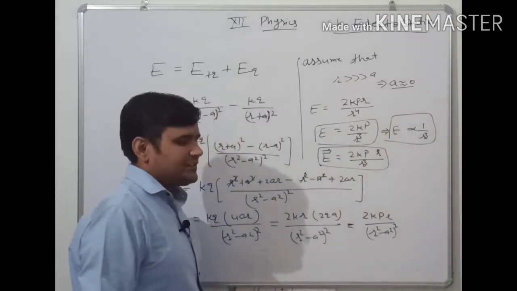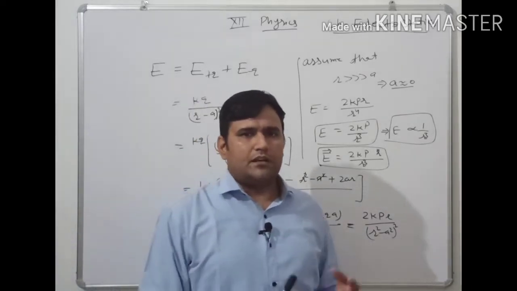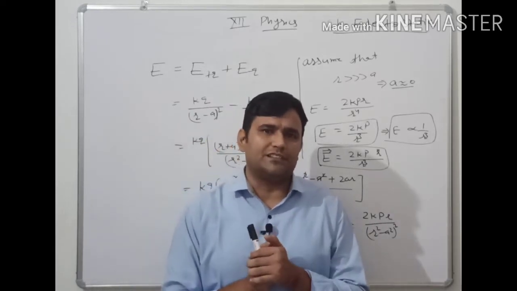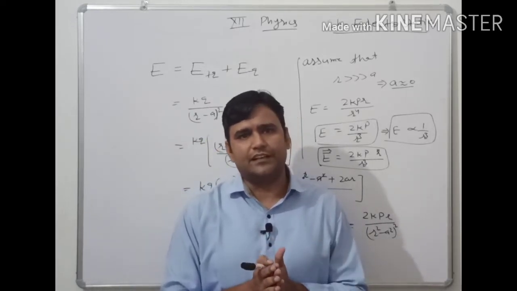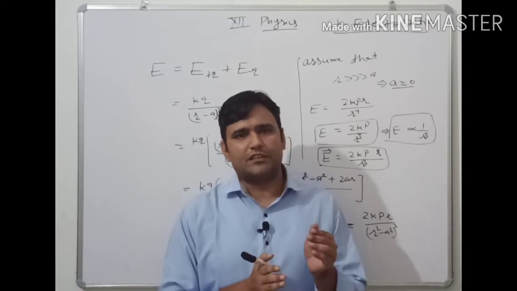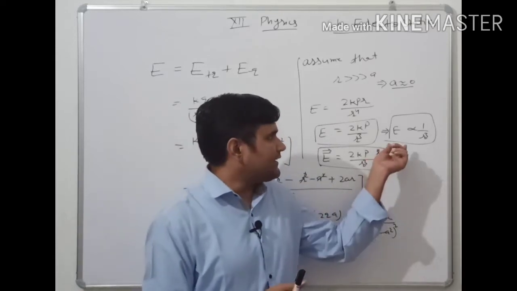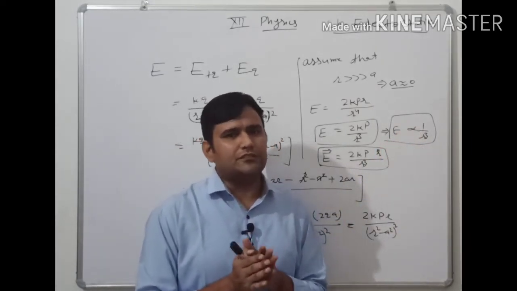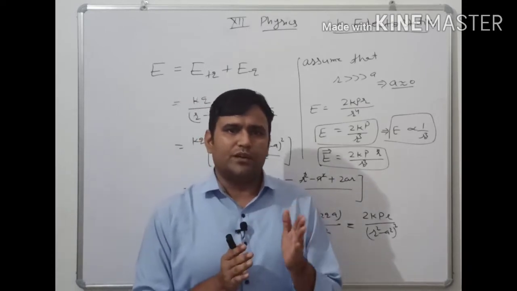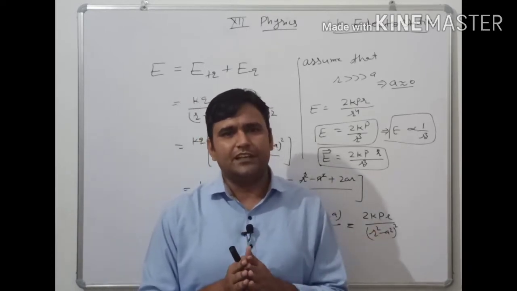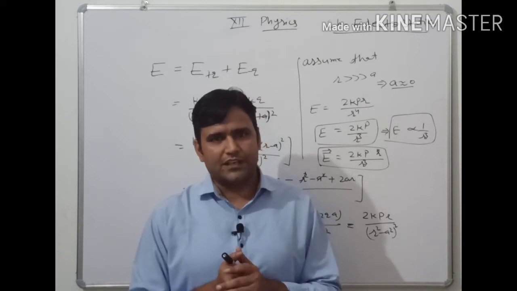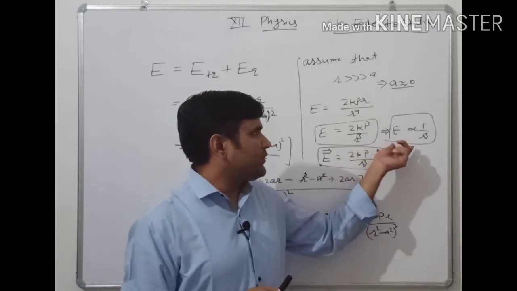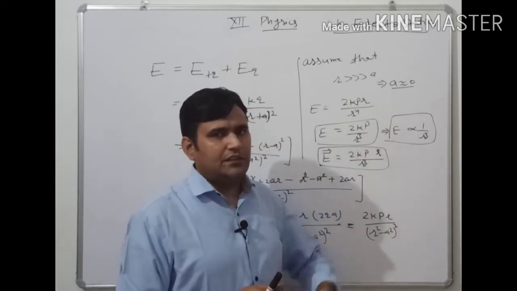Earlier, when we derived the expression for the electric field intensity due to a point charge, the electric field intensity was inversely proportional to r square, but here it is inversely proportional to r cube. This is the basic difference between the electric field intensity due to an electric dipole and that due to a charged particle. Is it clear? This was our first derivation, the expression for the electric field on the axial line.